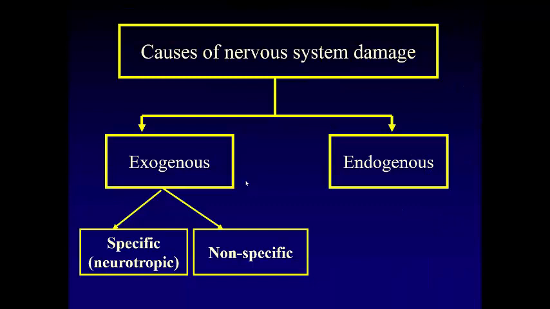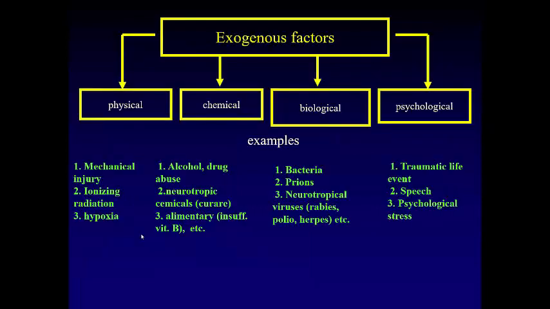Now let's turn our attention to the etiology and pathogenesis of damage in the nervous system. The causes we may classify into exogenous and endogenous, and some of the exogenous ones are specifically neurotropic, and that's why they may require our attention. By nature, exogenous factors could be physical, chemical, biological, with corresponding examples provided here.